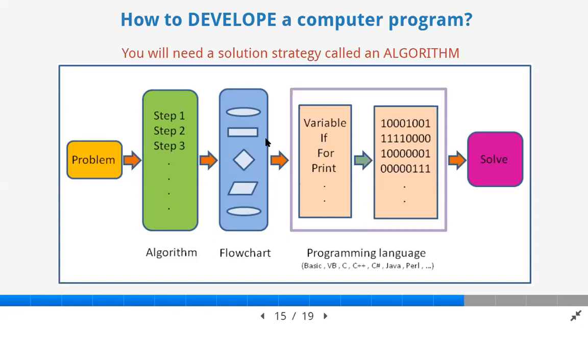Then we will make the code based on this flowchart. Then we will check the result of our program, whether it is valid or not, whether it gives us the result as expected or not.